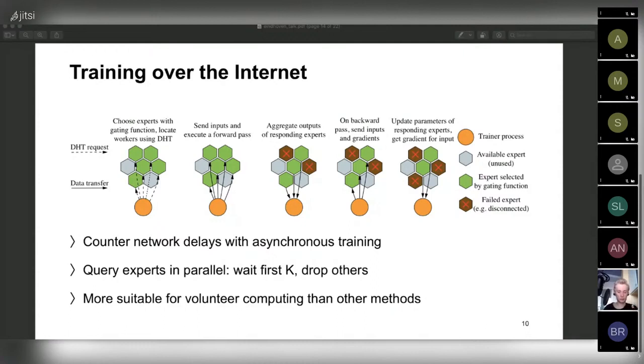You can replace all of your layers, excluding maybe the first one and the last one, by these mixtures of experts. So yes, an expert is a component of one of the layers of the entire architecture. And each layer becomes, instead of one, like a convolutional layer, a mixture of convolutional or transformer layers.